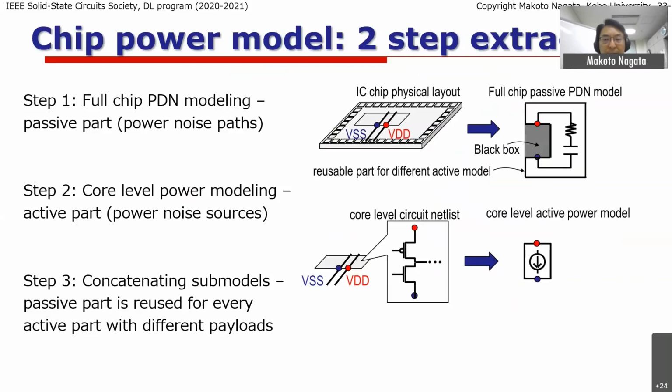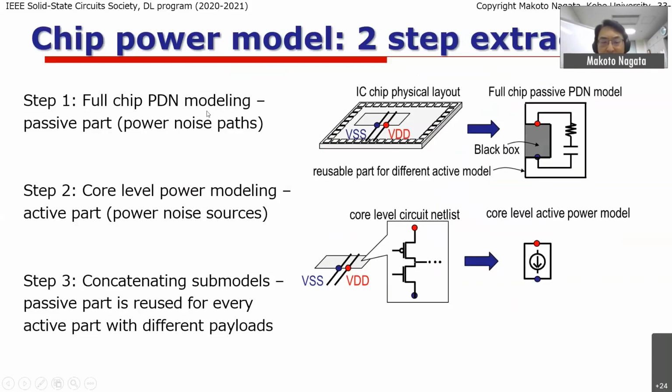In this case, one simple idea I can show you is that the PDM model, the passive model, can be reused for different plain text given to the cryptographic engine. That means a separation can be applied to the analysis. Step 1, full chip power delivery network modeling.